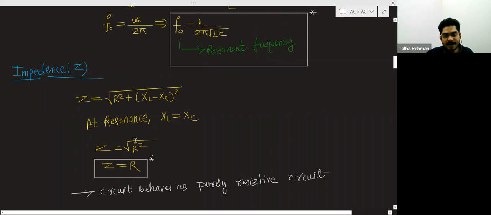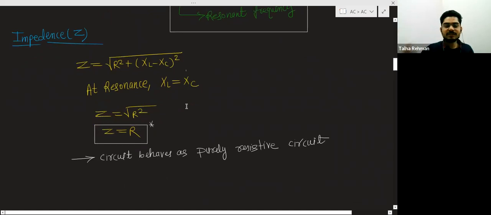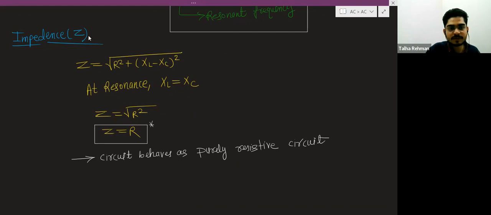Now you can see at resonance Z is equal to R only. This term becomes zero, which means at the resonance condition, the impedance of the circuit becomes minimum.